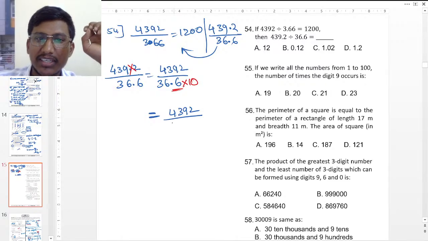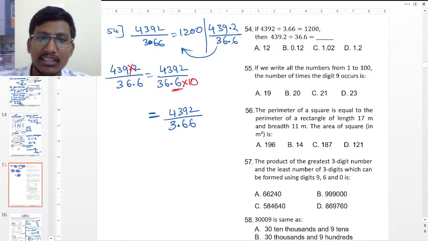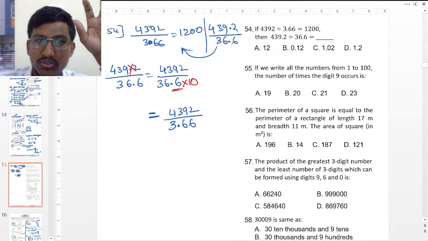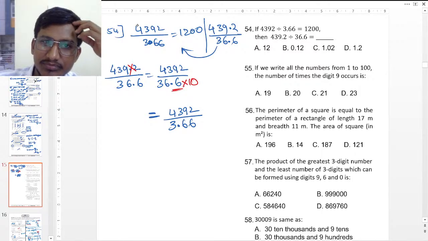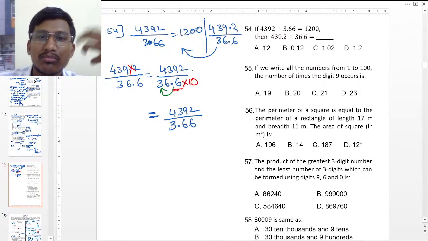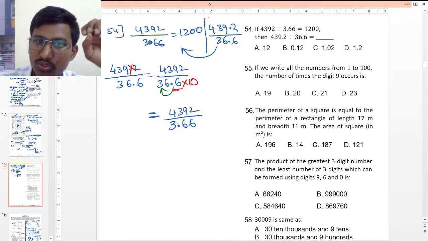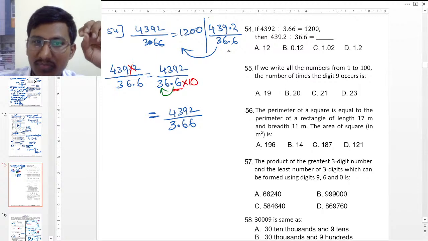So again I will write it as 4392 divided by 3.66. I will make it so this point I will change. Okay, so I will take another color here. This point I shifted here, means one more 0 will come. So that is already into 10 is there, so one more 0 we will have to multiply.